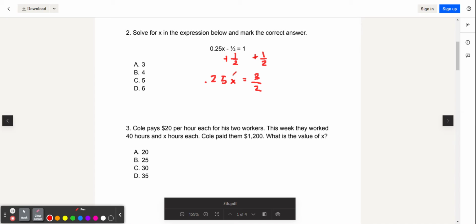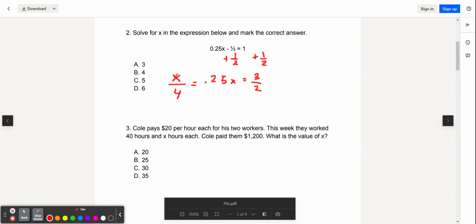Now, we want to isolate the x itself, so we divide by its coefficient of 0.25. The thing is, that's a decimal, which is a little bit nasty to divide by. But using what we know about decimals, we can instead treat it like x over 4. 0.25 is 1/4, so these are the same.